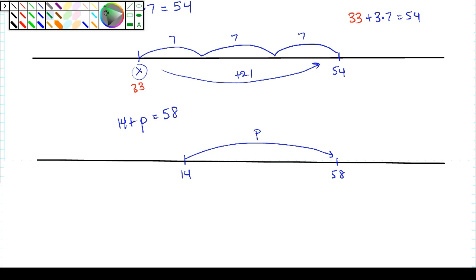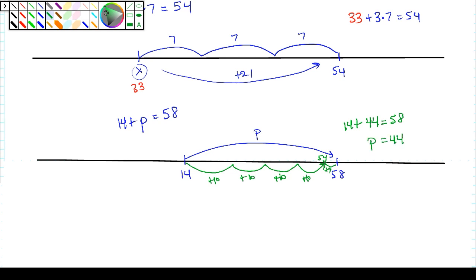So one way to think about this, I don't know, if I go forward 10, that's 24, 34, 44, 54, that would get me to 54, and then plus 4 more. So that would get me to 58. So 14 plus 44 equals 58. That tells me p equals 44.